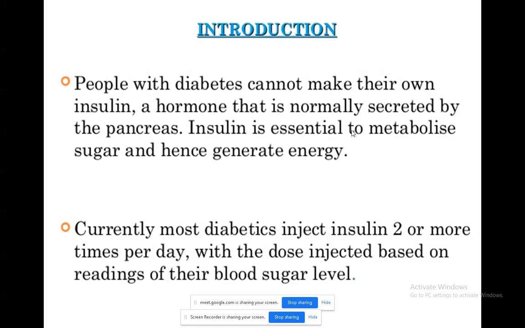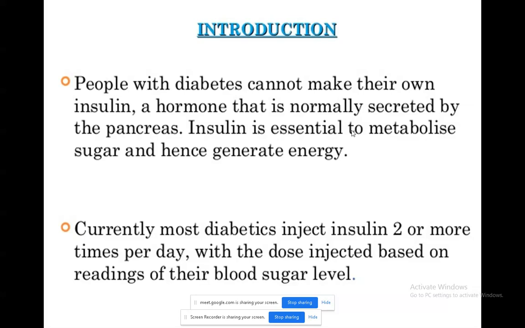So when it stops secreting the hormone, that is insulin hormone, for compensating this diabetes, in case it is not able to secrete the insulin, you will be injecting the insulin into the body. Insulin dose will be injected into your body.